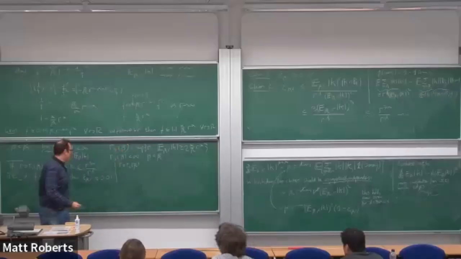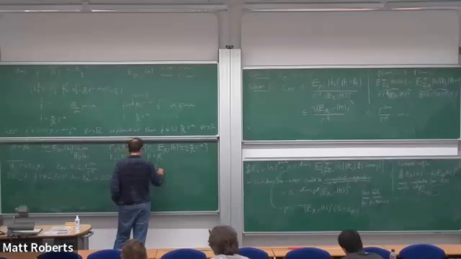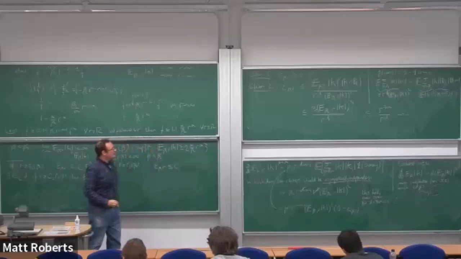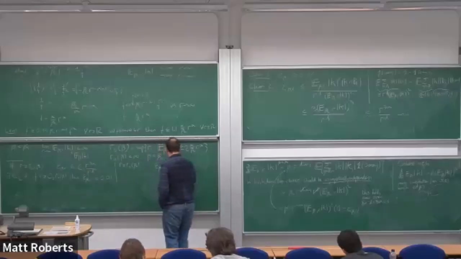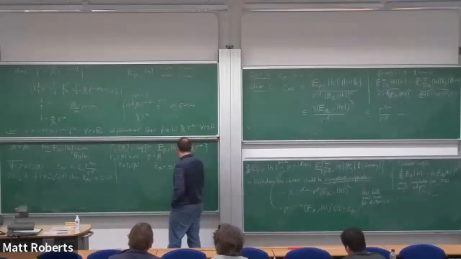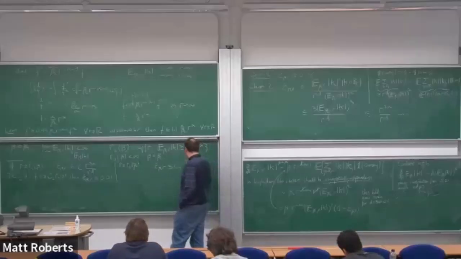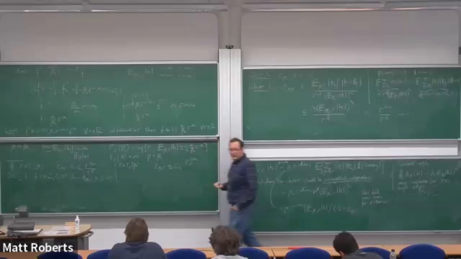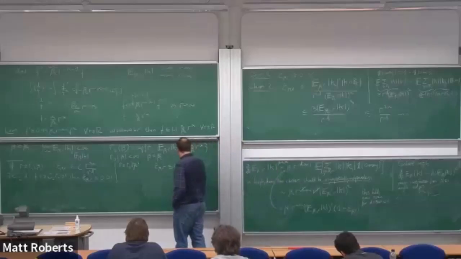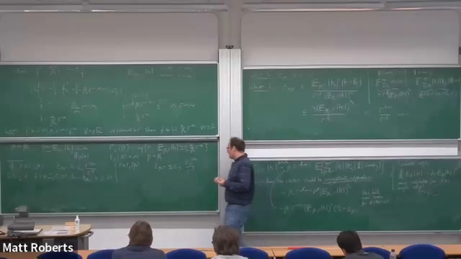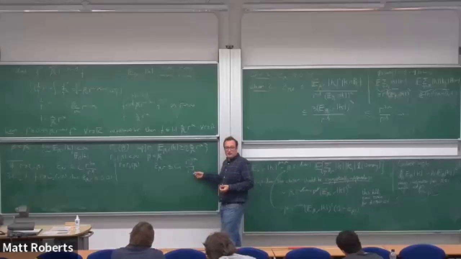So I'm just going to bound this by some constant C3 times the value at R naught in the numerator, which is R naught to the 3 alpha. And in the denominator, as before, I get R to the d. The key thing is that this will be small even when R is significantly smaller than R naught, because the power here is larger than the power here.